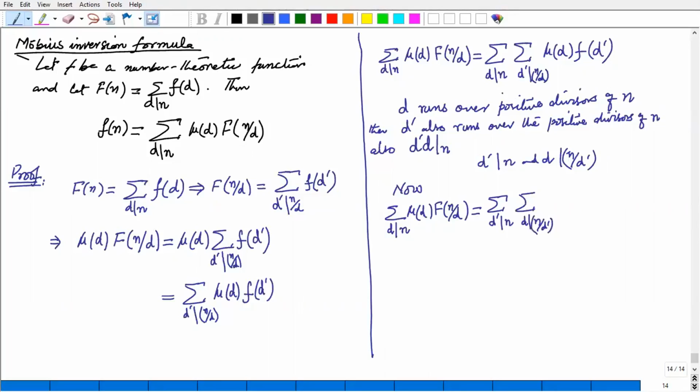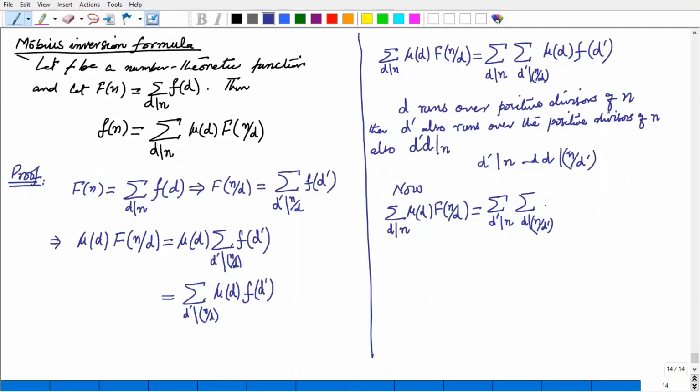So here we have two sums. One runs over the divisors of n, and the other one runs over the divisors of n by d prime.